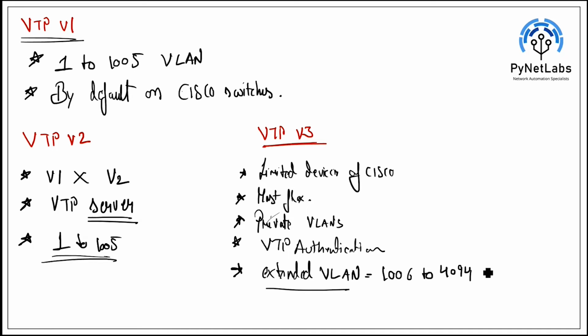Any other queries, guys? Always remember that VTP version 1 and version 2 are limited to VLANs 1 to 1005.